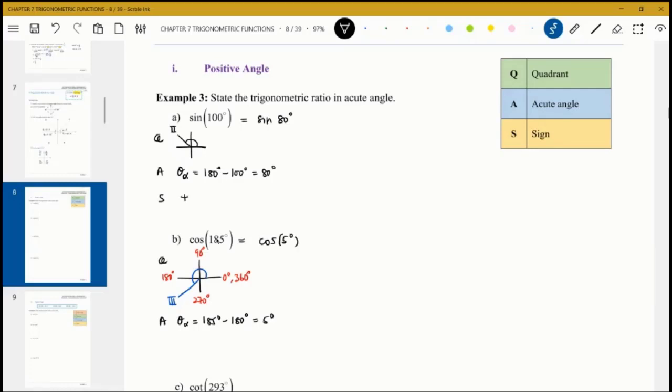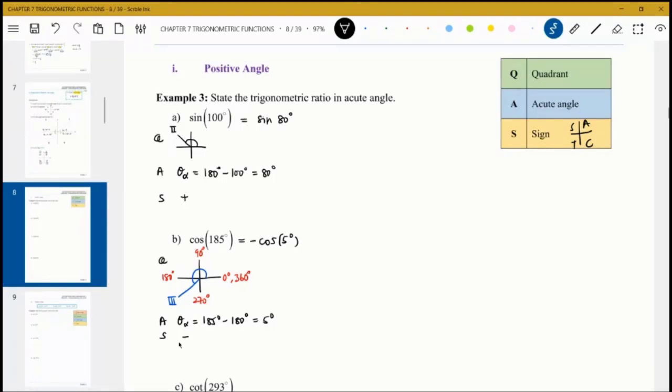Okay, tapi untuk cosine pada third quadrant, apa yang positif? Third quadrant adalah, so ini adalah ASTC. So third quadrant hanyalah tangent saja yang positif. Selain daripada tangent, dia adalah nilai negatif. So negatif tu kita letak pada bahagian luar.